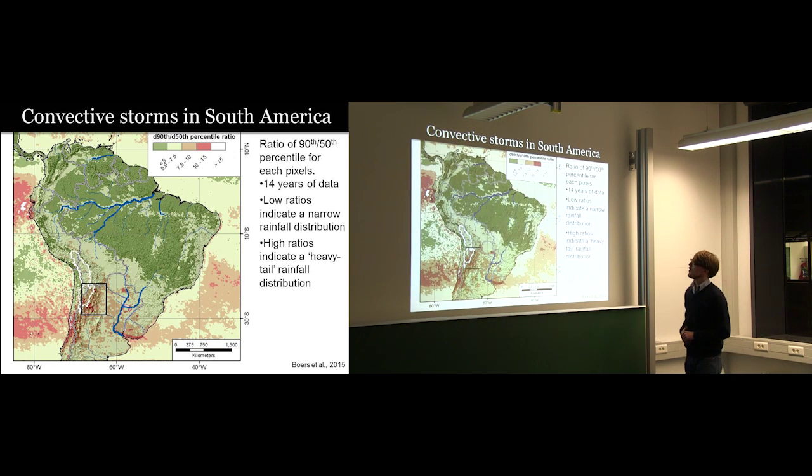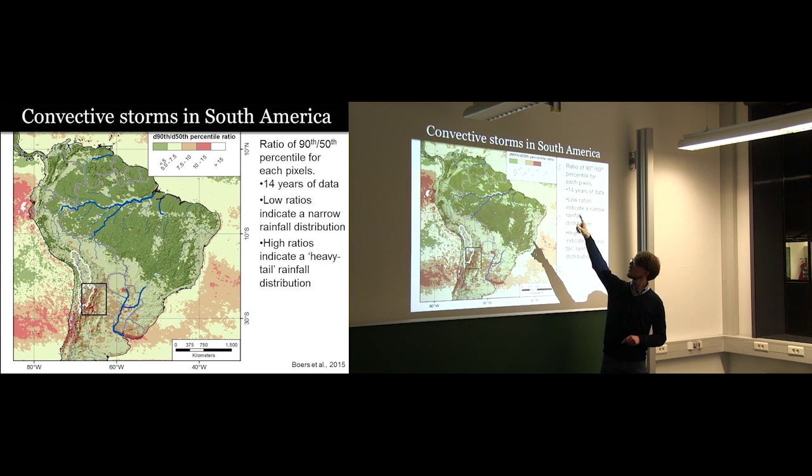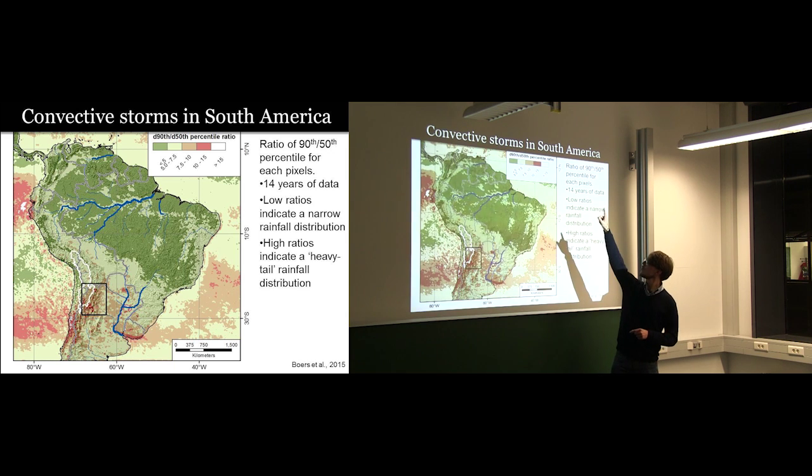So here is a map of all of South America, and this is the 90th over 15th percentile ratio. In general, lower numbers mean there are fewer convective storms, and higher numbers mean that these large events are dominating the whole rainfall distribution.